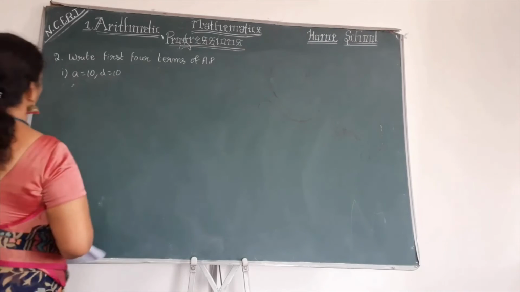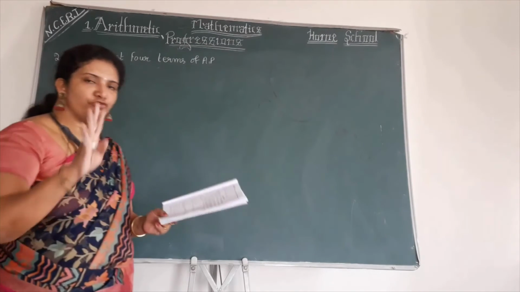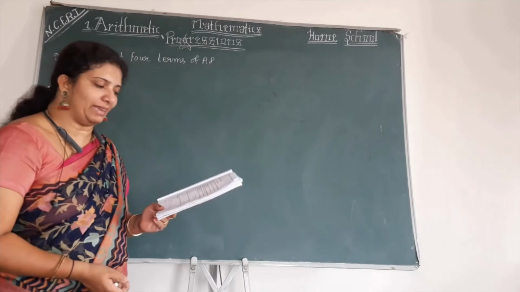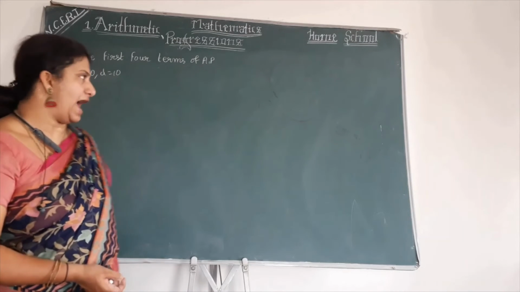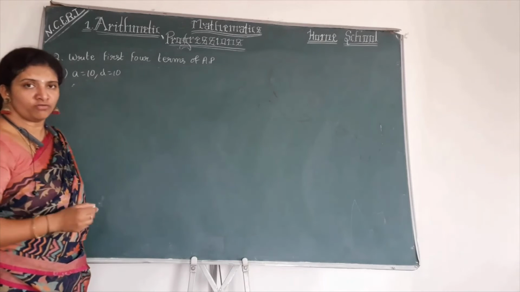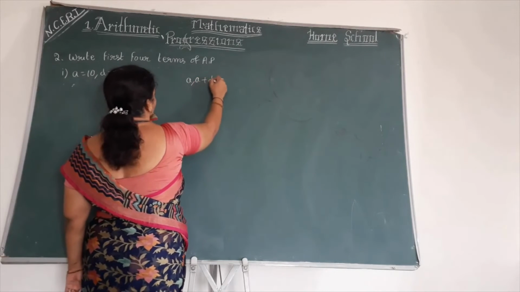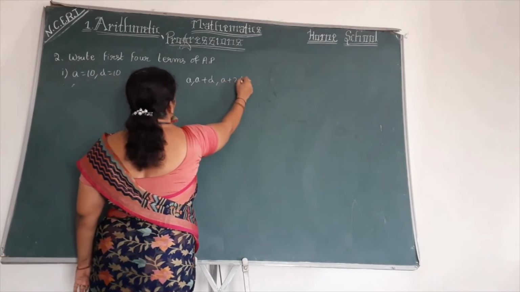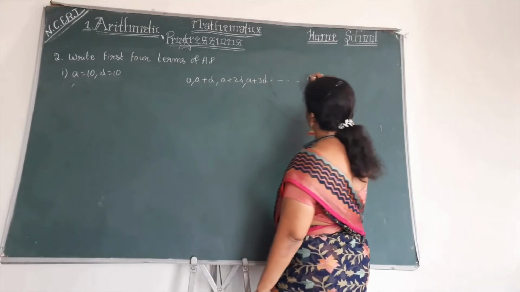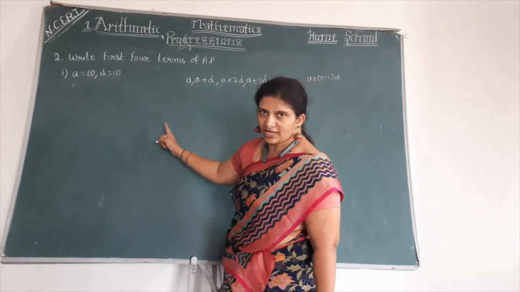Okay, with this, look here children, second question. Write the first 4 terms of an AP when the first term A and the common difference D are given as follows. Do you know the general form of an AP, children? A, A plus D, A plus 2D, A plus 3D, and so on up to A plus (n minus 1) into D. This is your general form.